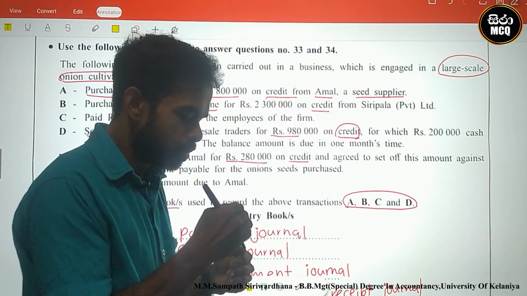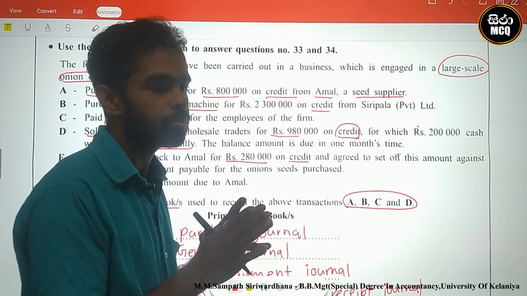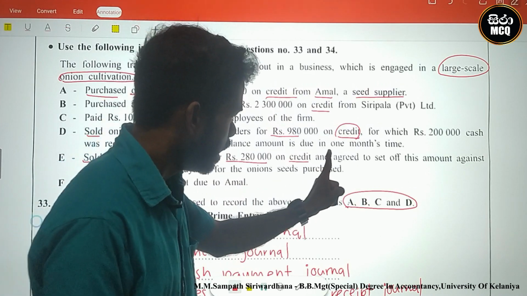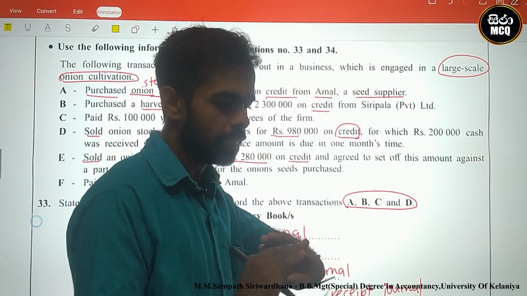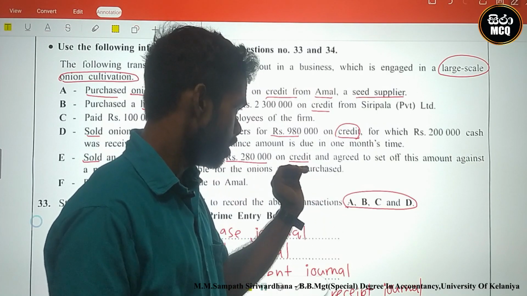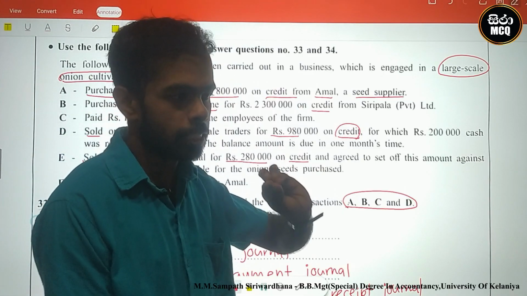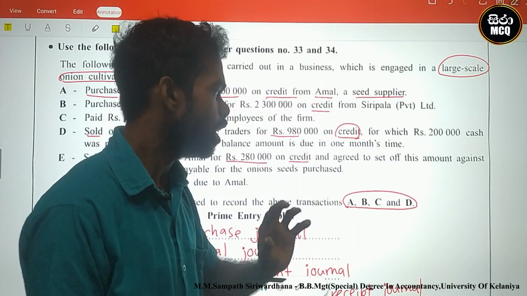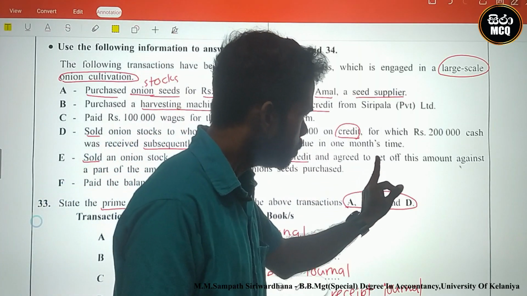There is a subsequent transaction on how this amount should be set off. Look here, agreed to set off. Set off means finally eliminated. Eliminated means the credit sales is not received as cash. They said how this amount was settled. Look here, agreed to set off.